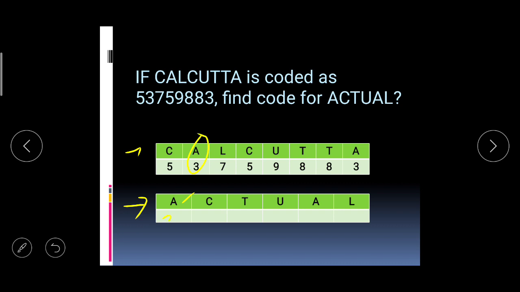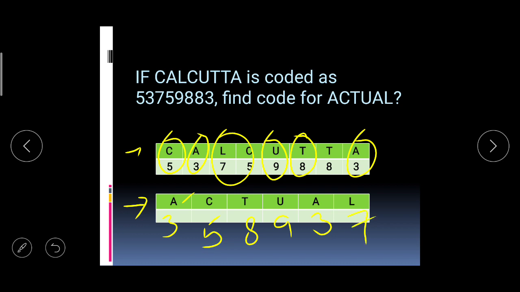Okay, so what is the code for A? That is 3. What is the code for C? That is 5. What is the code for T? That is 8. What is the code for U? That is 9. And what is the code for A? That is 3. And what is the code for L? That is 7. Right?